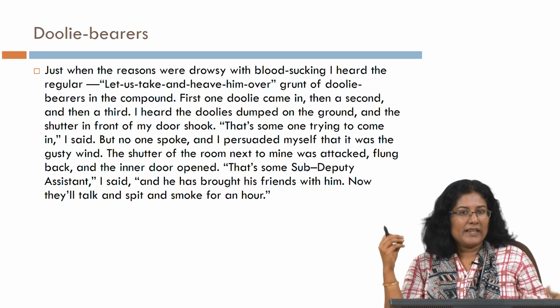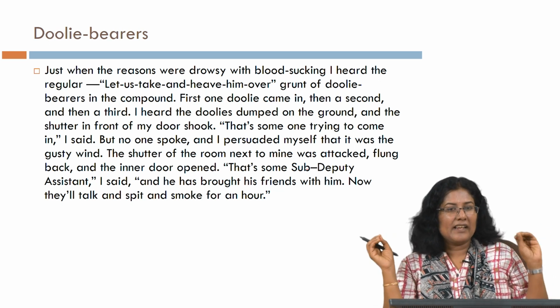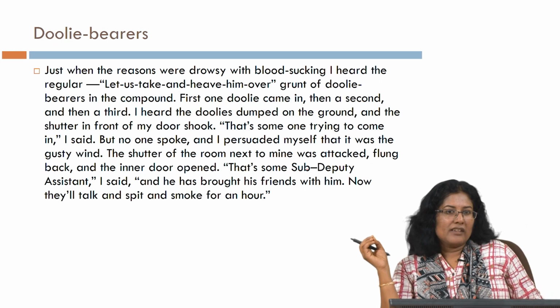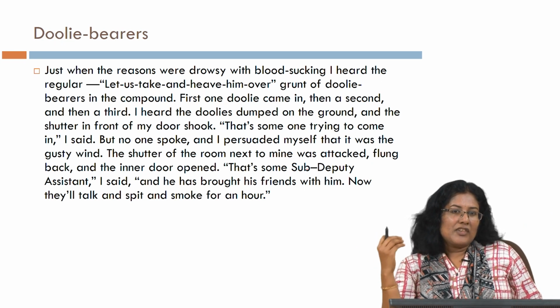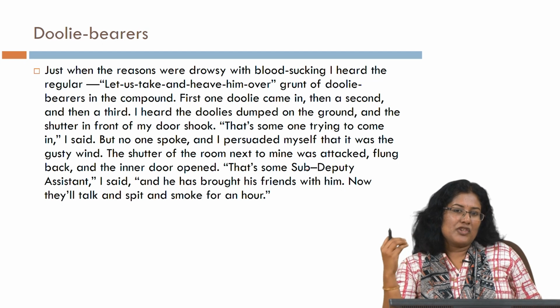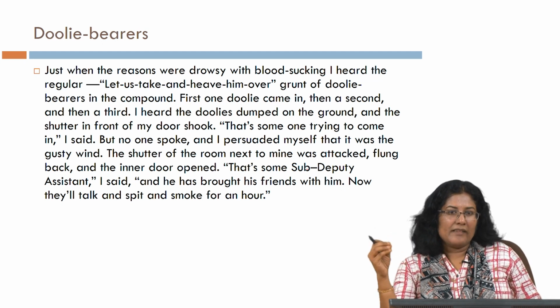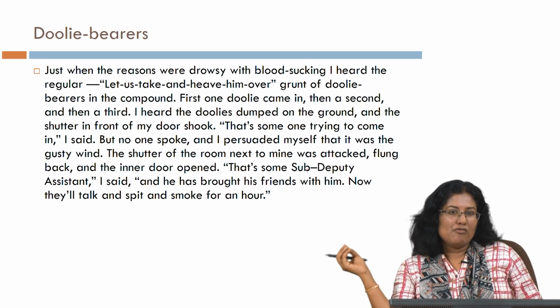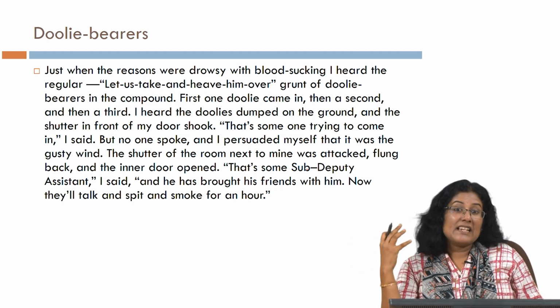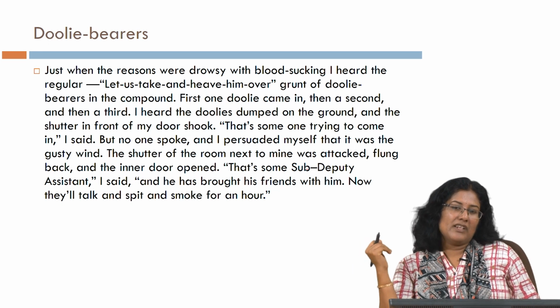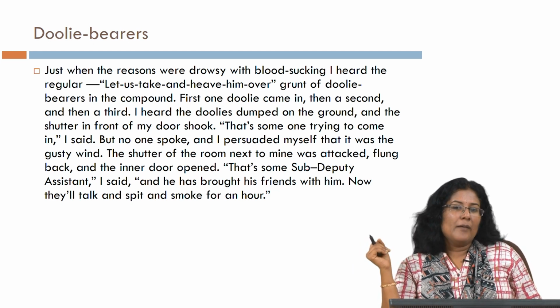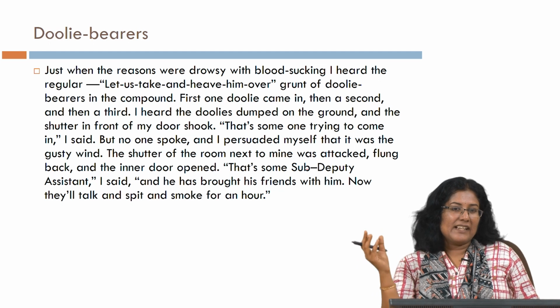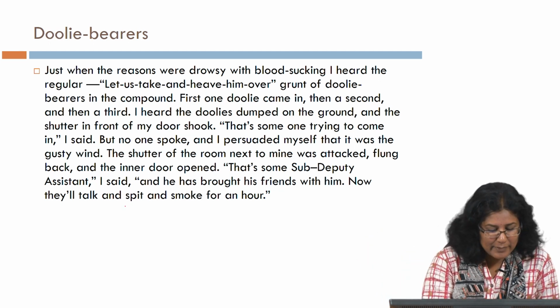So first one Doolie comes in, then the second, then the third, and he can hear the Doolies being put on the ground, and the shutter of the door is shaken by that sound and by that pressure, and he realizes that they are going to stay, and that he is going to have an occupant in the next room, and he believes that it is a native assistant, a sub deputy assistant, with his friends, and they are going to talk and spit and smoke.